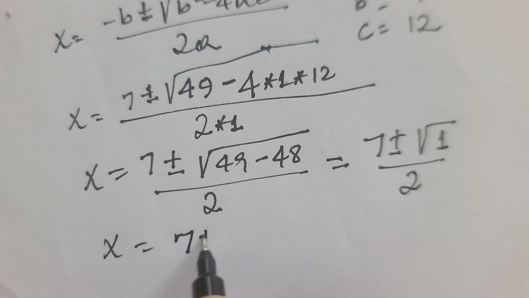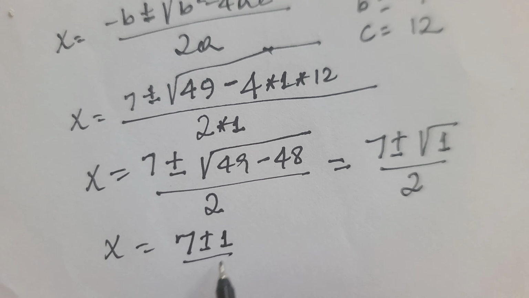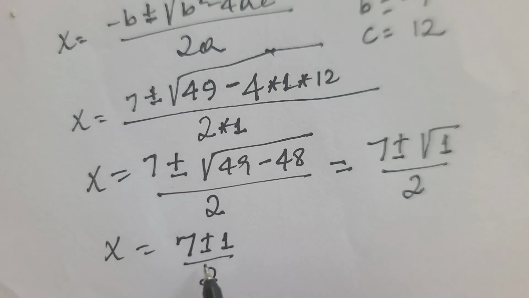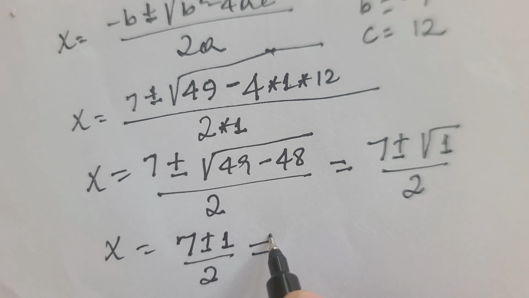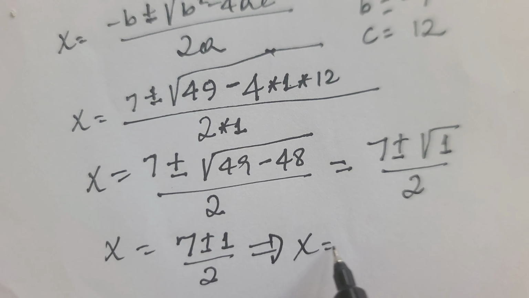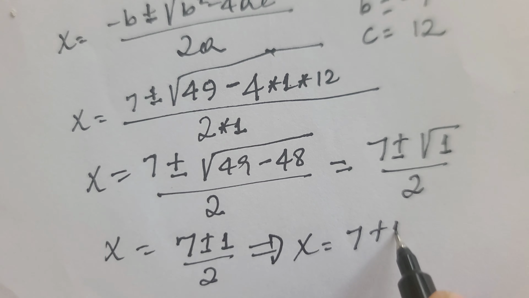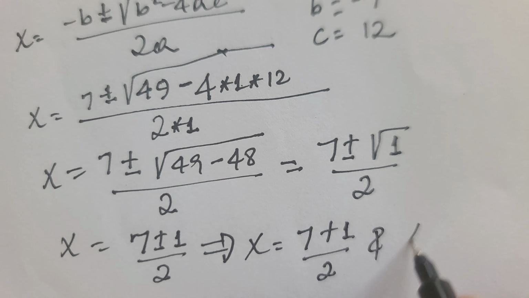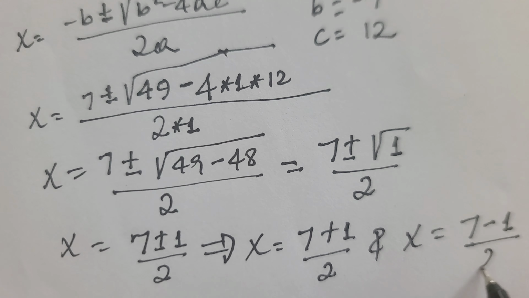X equals 7 plus or minus 1 over 2, which implies x equals 7 plus 1 over 2 and x equals 7 minus 1 over 2.